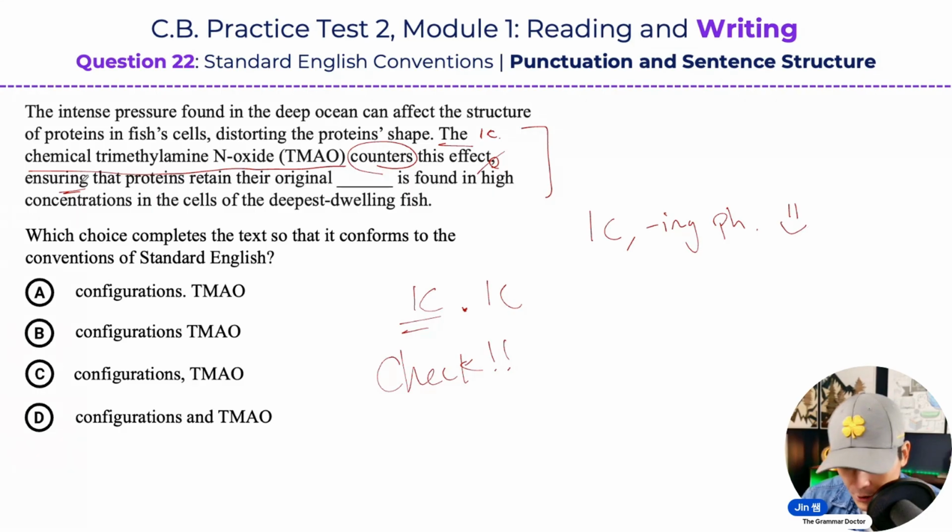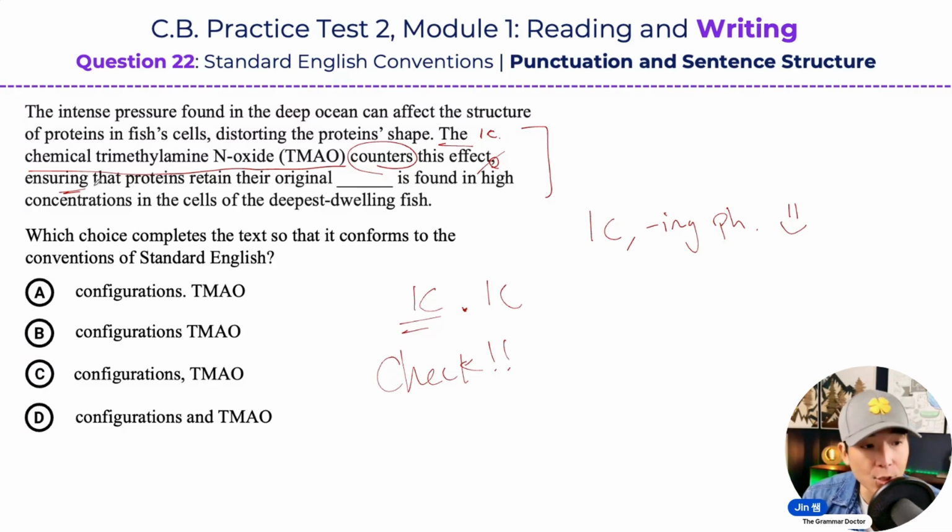Where this ing phrase just tells you about something that occurs simultaneously, right? At the same time as the independent clause, or just immediately after, right? So if I'm saying TMAO counters this effect, right? And then this next part, this ing phrase, tells you in what way it counters the effect, right?